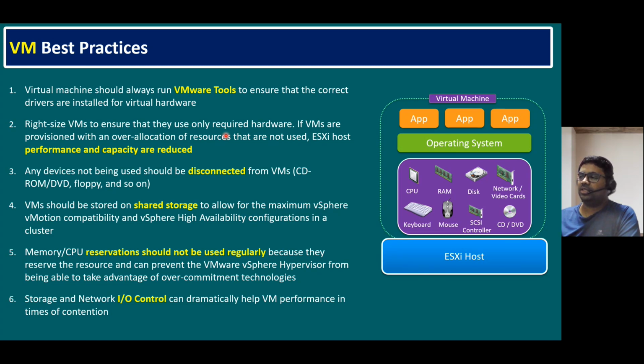If the customer asks for 16 or more, you can explain to the customer. If you have enough available resources you can assign them, or else you explain to the customer. As a technical engineer, it's our responsibility to convince the customer with proper justification.